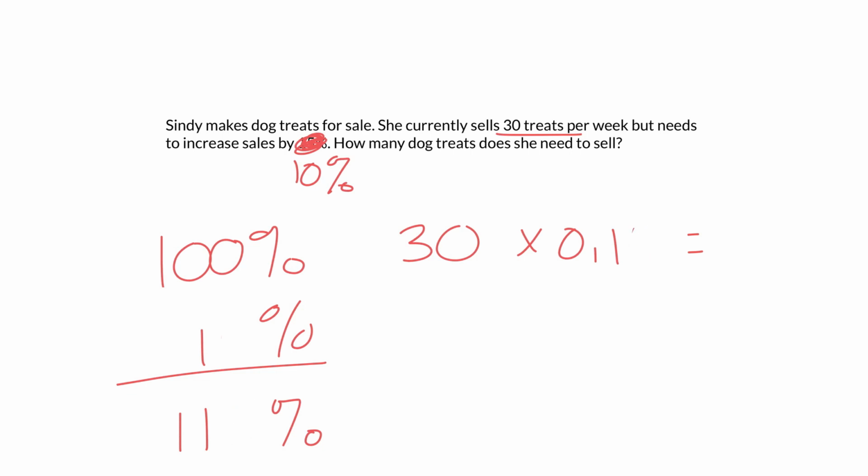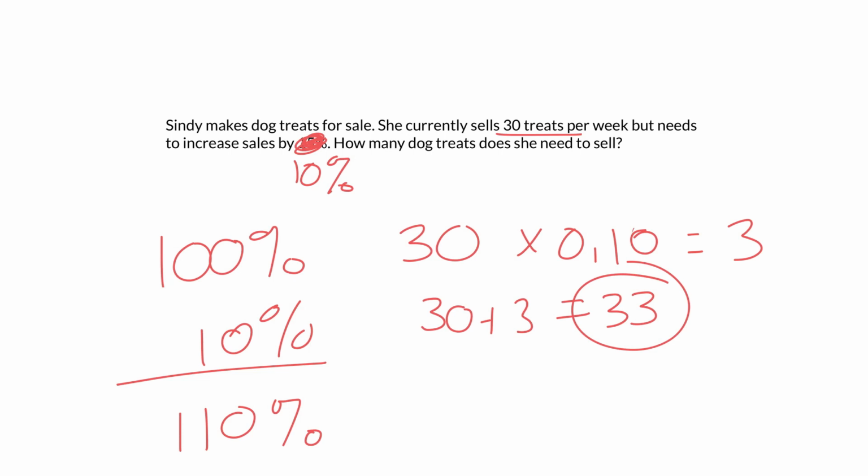Which means that instead we're going to multiply by 0.1. So 30 times 0.1 gives us 3. So 3 is 10% of the 30, and then if I'm increasing the amount, then I add that back to the 30 to get a total of 33 dog treats.